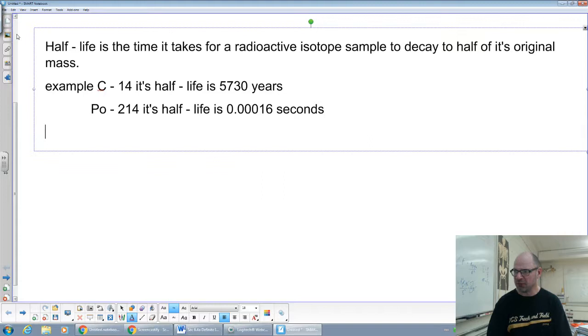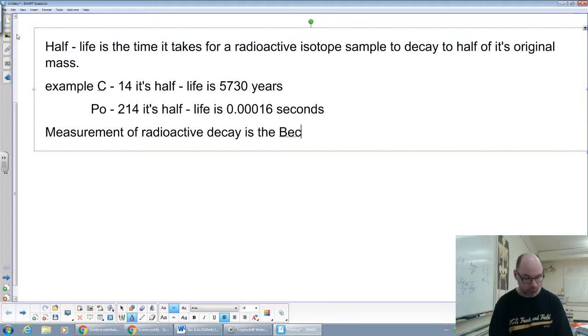And the measurement of radioactive decay that we're going to use is a becquerel, and Bq is the symbol for it.